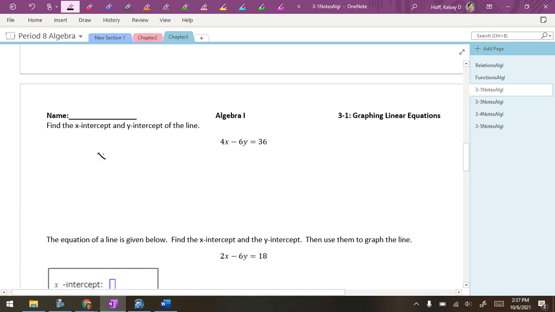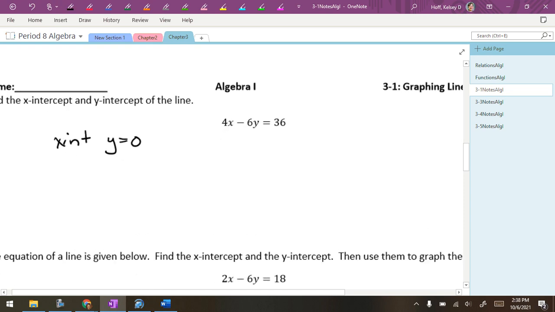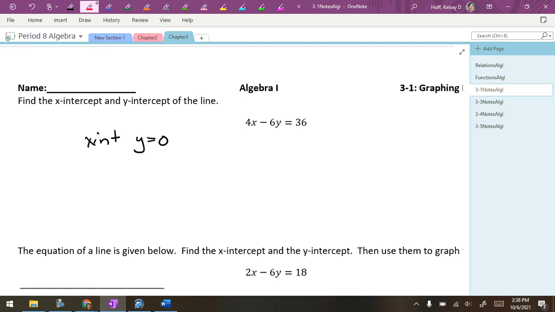If I'm going to find the x-intercept, Alyssa informed us our y equals 0. To find our x-intercept, our y equals 0. So take your equation and plug in 0 for y. You would have 4x minus 6 times 0 equals 36.